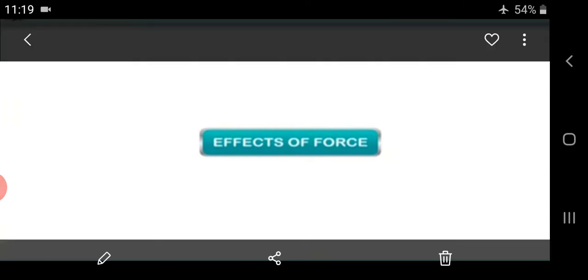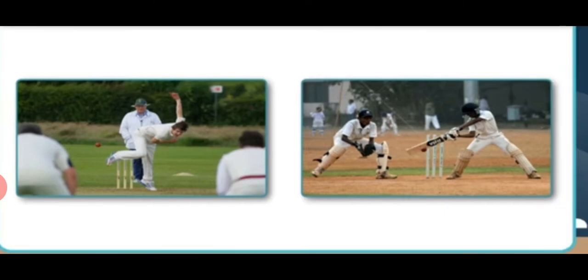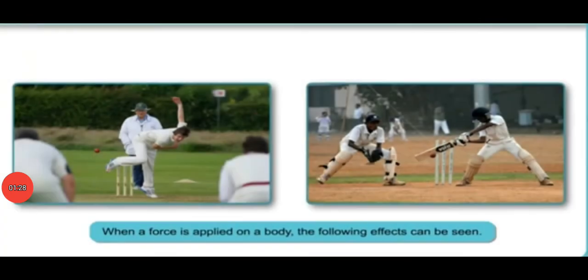Next, the effects of force. Force cannot be seen, but its effects can be seen or felt. When the force is applied on a body, the following effects can be seen.